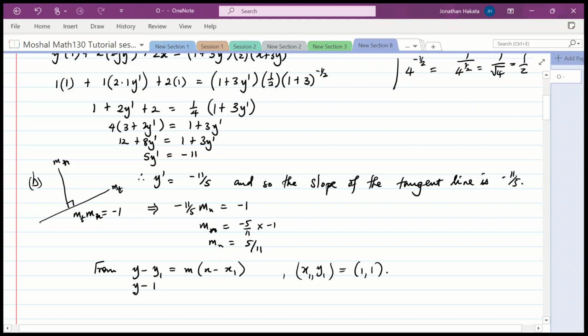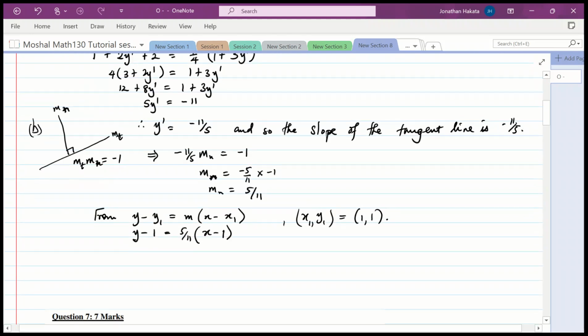So replacing y1 and x1, we end up with m is 5 over 11 into x minus 1. So removing brackets here, you end up with y equal to 5 over 11x minus 5 over 11 plus 1.